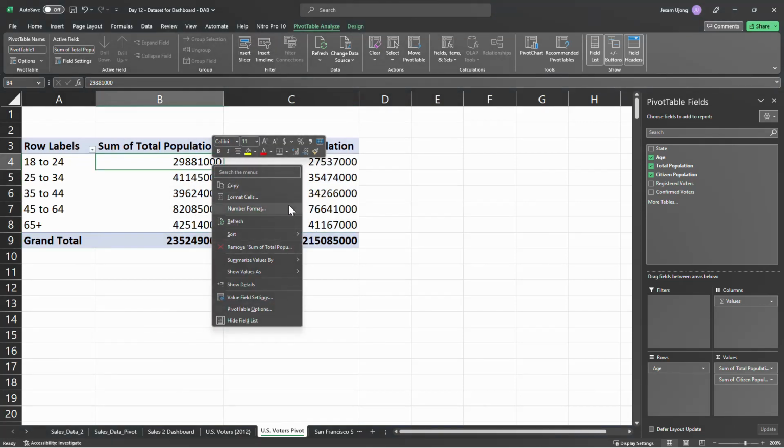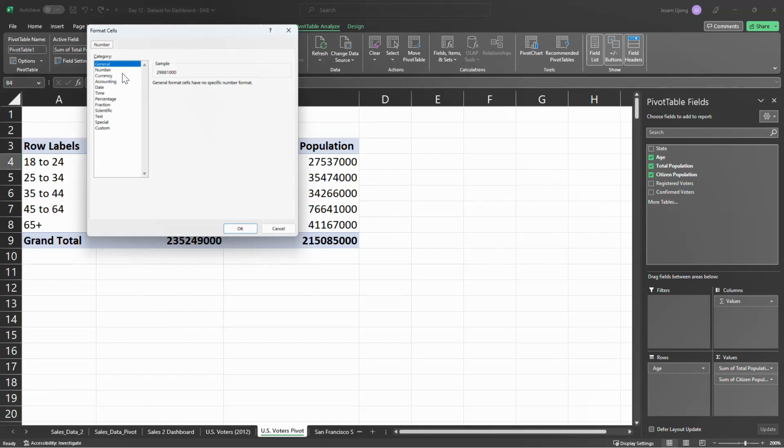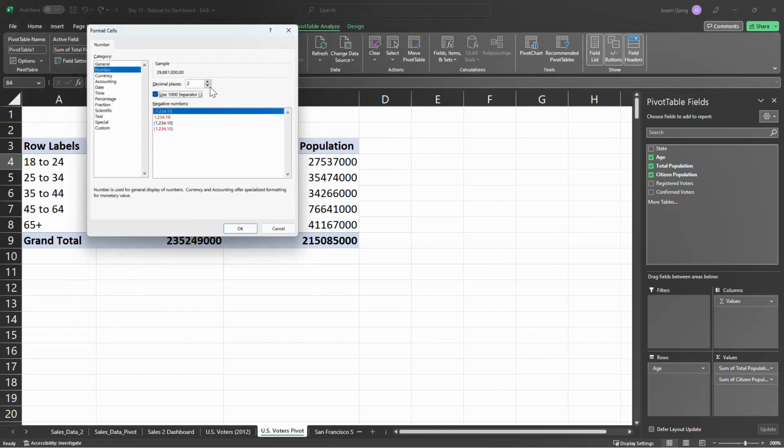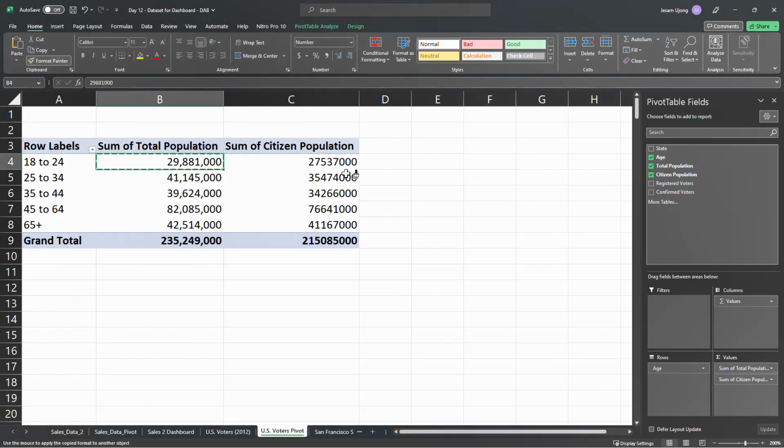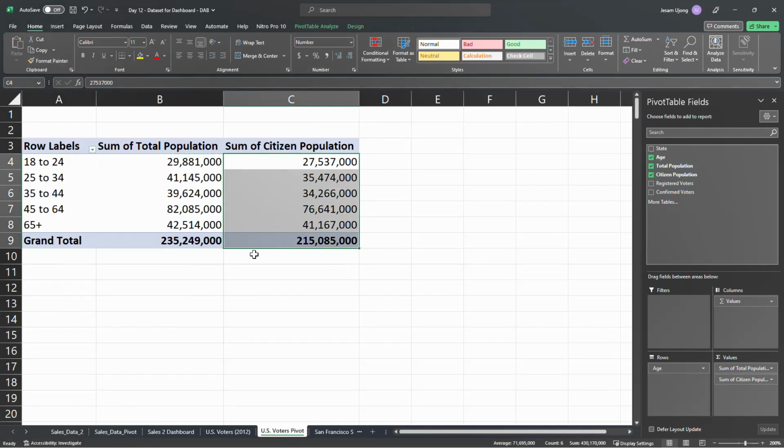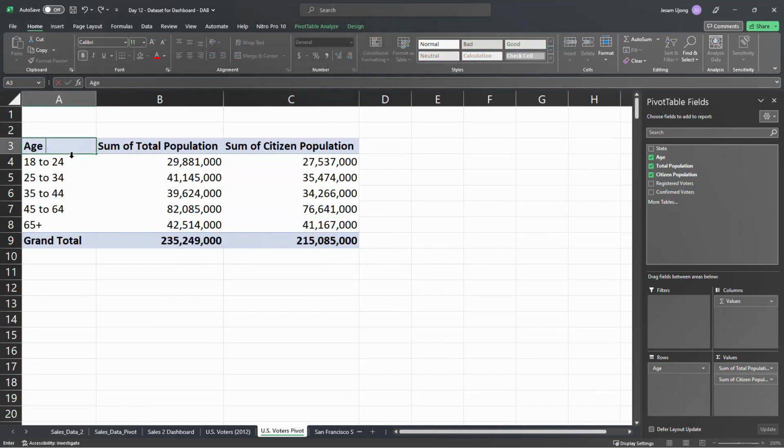Let me just change the format, I'd like to see the data organized. I'll just call this age. So from here we could see this is for the whole country, US: total population and citizen population, right?